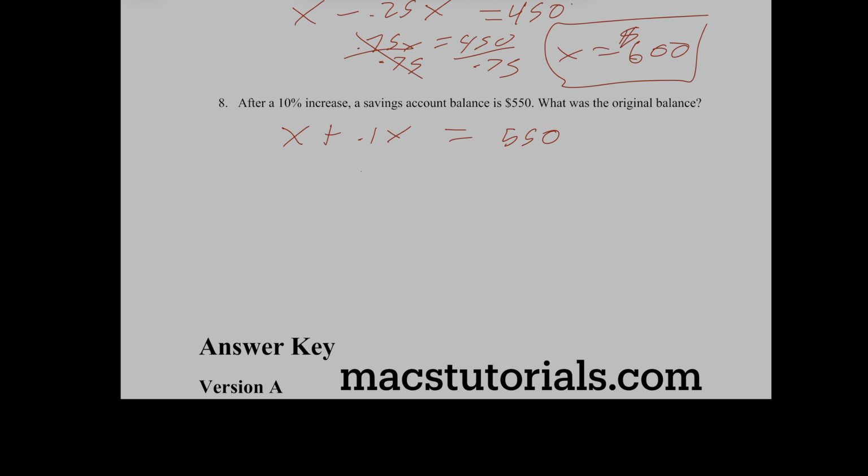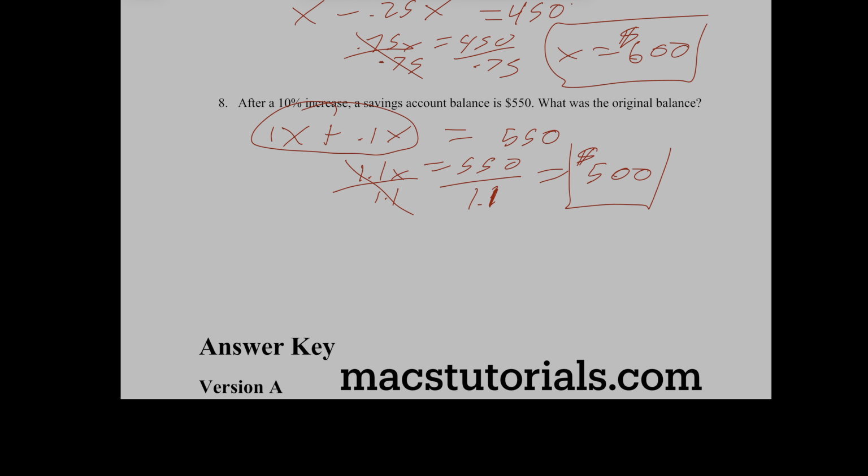So 1.1x, I'm just putting these together, 1x plus 0.1x, equals 550. And when I divide this by 1.1, 550 divided by 1.1 is going to be $500, the original before you made your 10% interest.